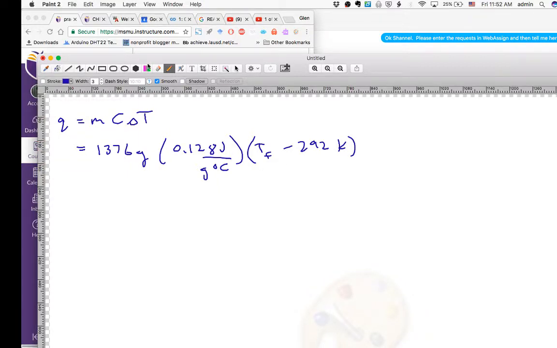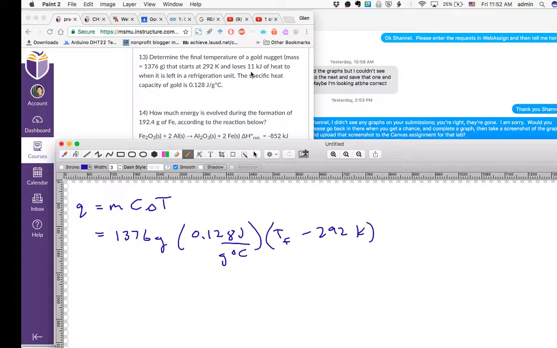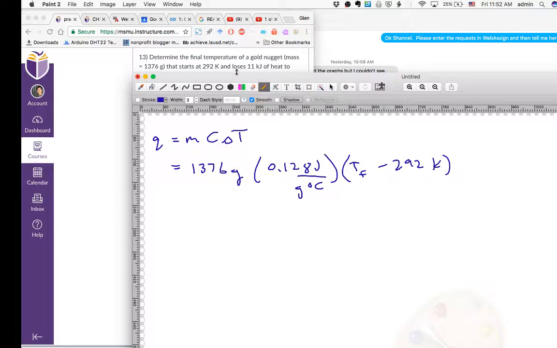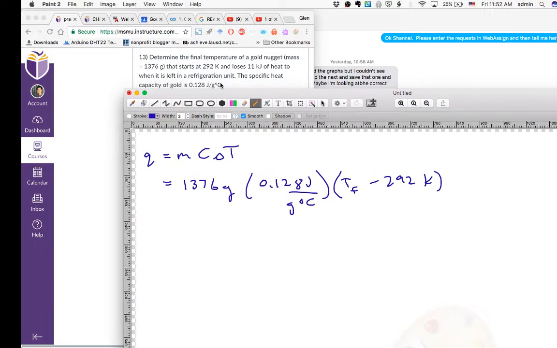Now the Q, the heat, is negative 11,000 joules. It's negative because it loses that much heat. It is getting cold. If it already feels cold, that means it's absorbing heat. But this doesn't already feel cold. This is getting cold, so it's losing heat, not absorbing heat. So this is negative 11,000 joules. Why did I instantly convert this to joules instead of using kilojoules like they said?